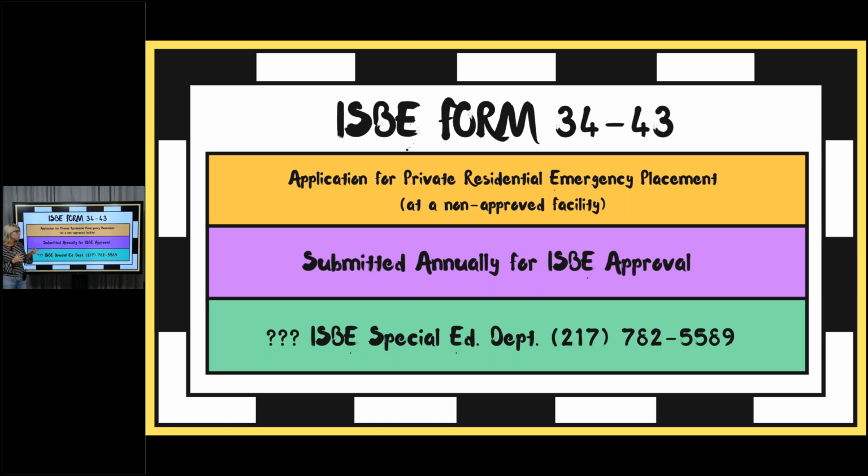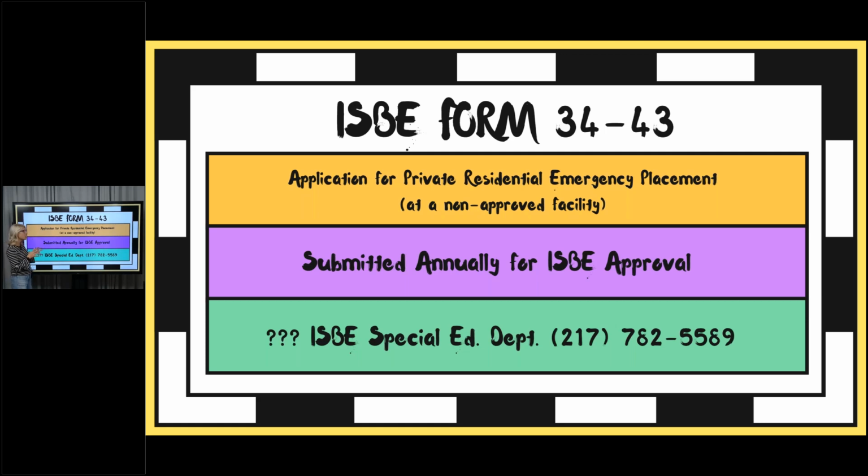There's a process before you even get to this. You have to try to place the child. There's like a checklist of all these things that says before you can do this placement, have you done A through whatever, have you made this attempt or that? I can't remember, it's been a long time since I've looked at it, but placing a student residentially at an emergency placement is not something you just get to do because they want to, or you want to.